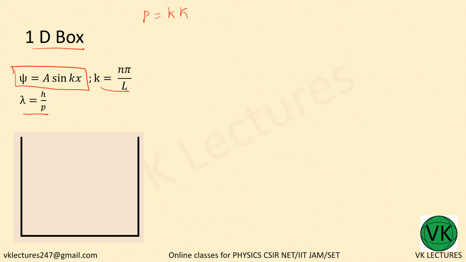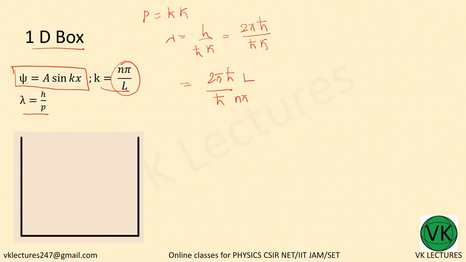Substituting that value here, lambda is equal to h divided by h cross k, that is equal to 2 pi h cross divided by h cross k. And what is k equal to? n pi by L. So that is equal to 2 pi h cross divided by h cross into n pi divided by L. So pi gets cancelled, h cross and h cross cancel. What you get is lambda is equal to 2L divided by n.